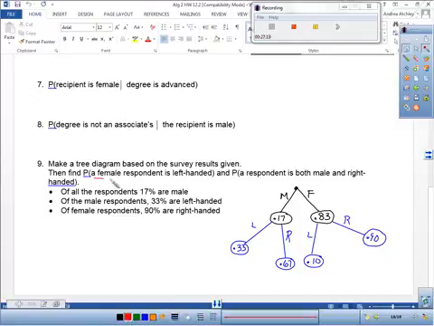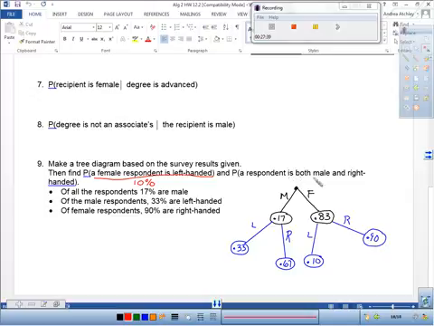Then we want to find a female respondent is left-handed. So female respondent who's left-handed is how many, what's the percentage of that? 10%. Did you look at females? And is left-handed is 10%. Any questions over that?